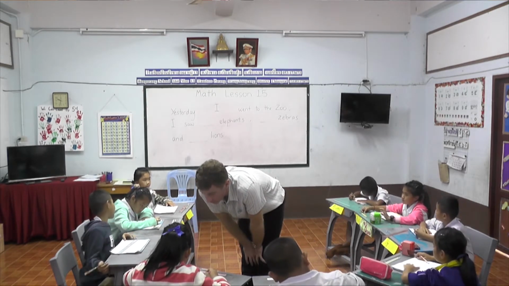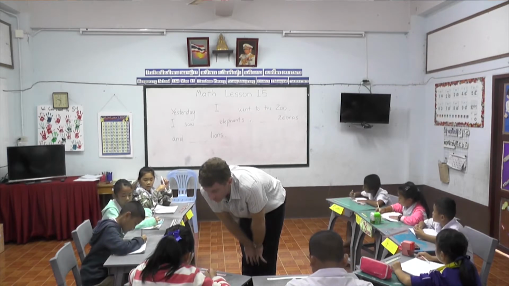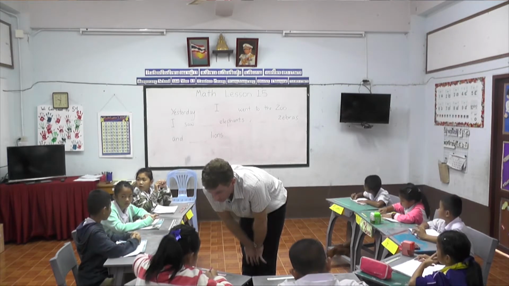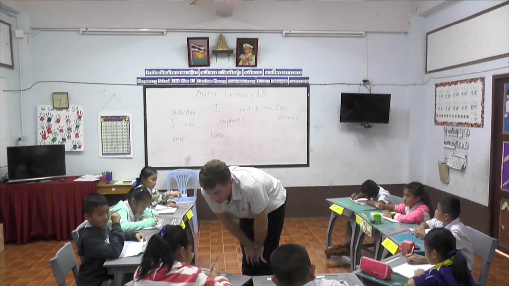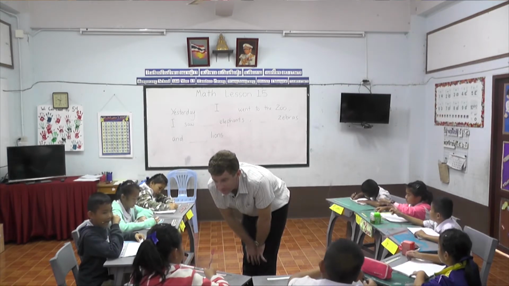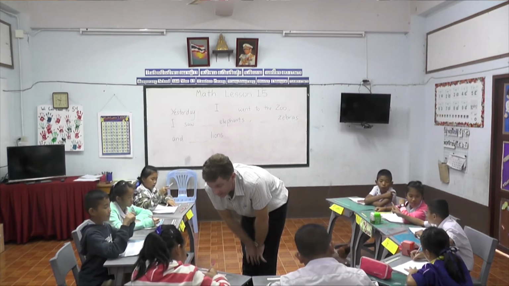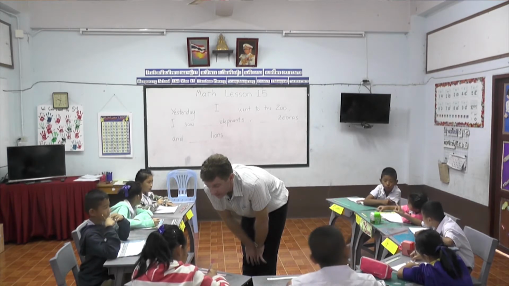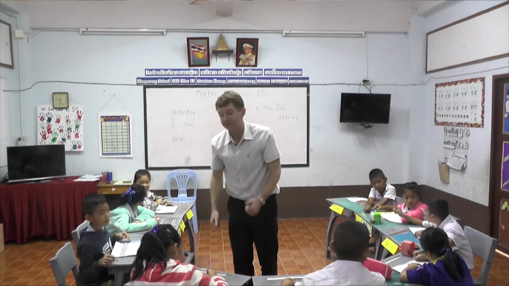I go to buy 199 cats and 209 dogs, and I go to Big C. I buy 3,299 pencils. Pencils. P-E-N-C-I-L. And then, because it's more than one, add S. Excellent.